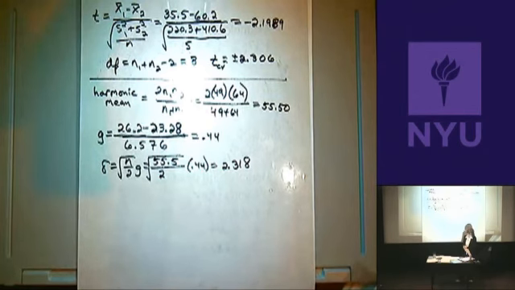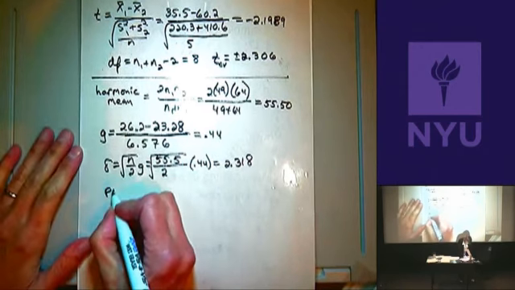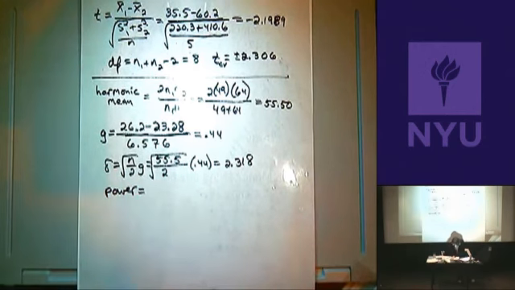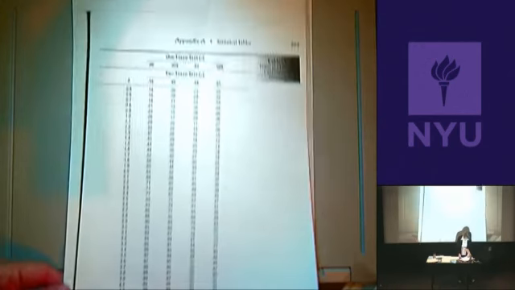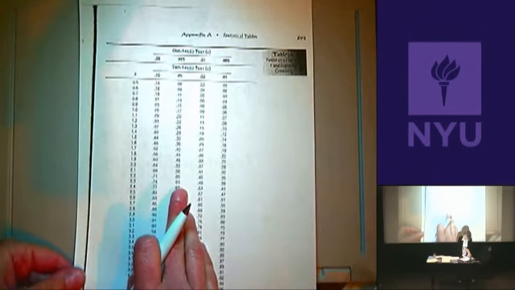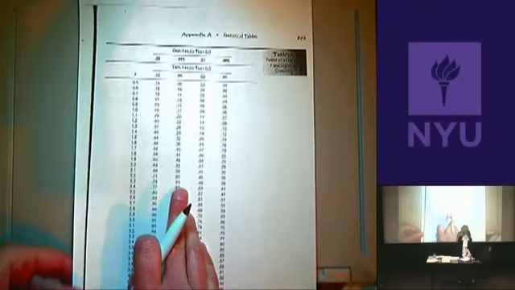So then where do I get power from? I have delta. Where do I get power from? The table. So if I look it up on the table, I guess I'll show you guys, although I think you can do it at this point. For a delta of 2.3, my power is 0.63. Again, not overwhelming here.